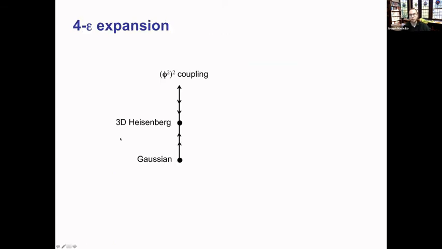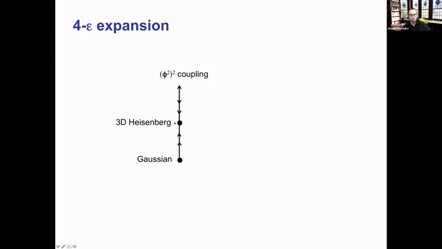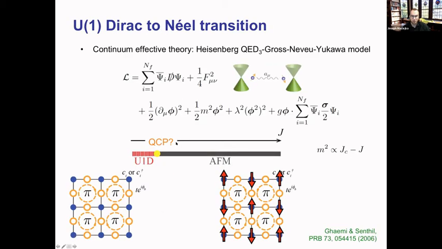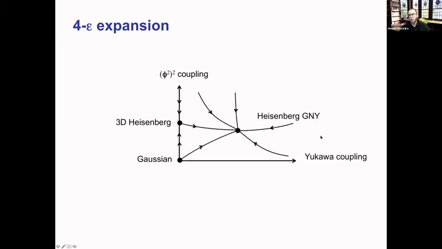Okay, so the first thing we did was to look at the 4 minus epsilon expansion. The model has an upper critical dimension of 4, and so we simply do the epsilon expansion. First of all, if we only consider the scalar sector, then we will recover the well-known O(3) Heisenberg Wilson-Fisher fixed point. However, if we turn on the Yukawa coupling, then that is destabilized in favor of the chiral Heisenberg Gross-Neveu-Yukawa fixed point.